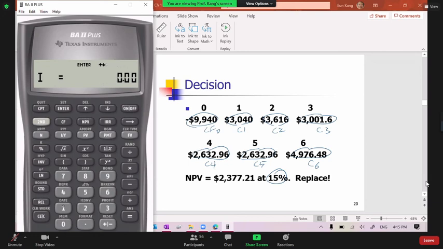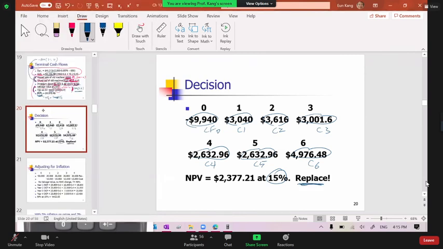NPV, 15, enter, compute. 237.74. So positive, so replace. Okay. If this is on the exam, many people miss it.